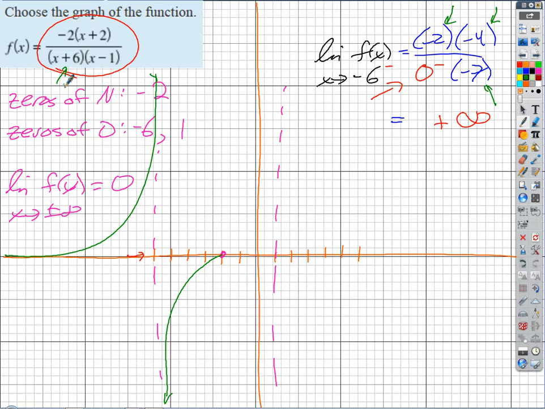Because that would have been what we needed, right? We would have needed for the signs to have stayed the same the whole time, whether I approached from the left or the right. Can you think of an example of a factor that is going to have the same value whether it's a 0 minus or a 0 plus? It's squared. Yeah, or taken to any even power. You see that? What if in our original problem, this had been the quantity x plus 6 squared?